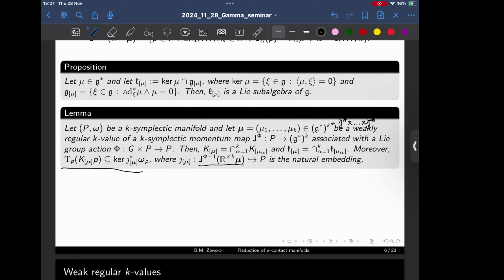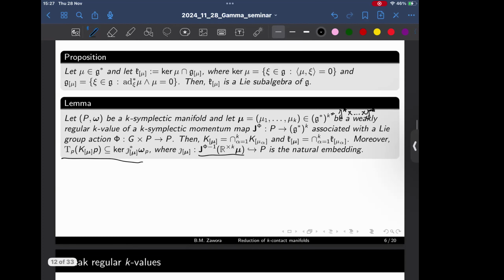So now you see that in general we don't have this equality, but in the Marsden-Weinstein reduction procedure, we would like to find conditions under which this equality holds.